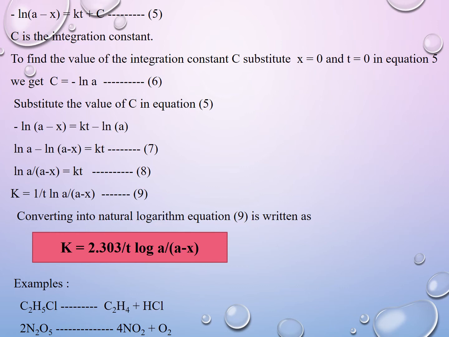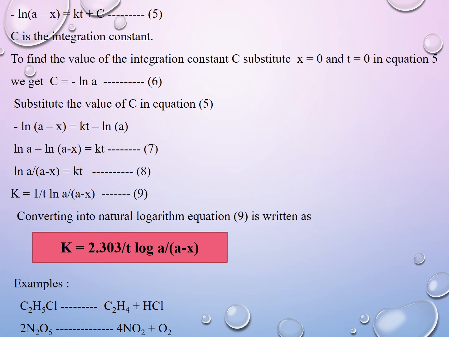We get minus ln (a minus x) is equal to kt minus ln a. Now rearranging, bringing all the a terms together, we get ln a minus ln (a minus x) is equal to kt, that is equation 7. Now we can write this as a division. So we write it as ln of a by (a minus x) is equal to kt, that is equation 8.